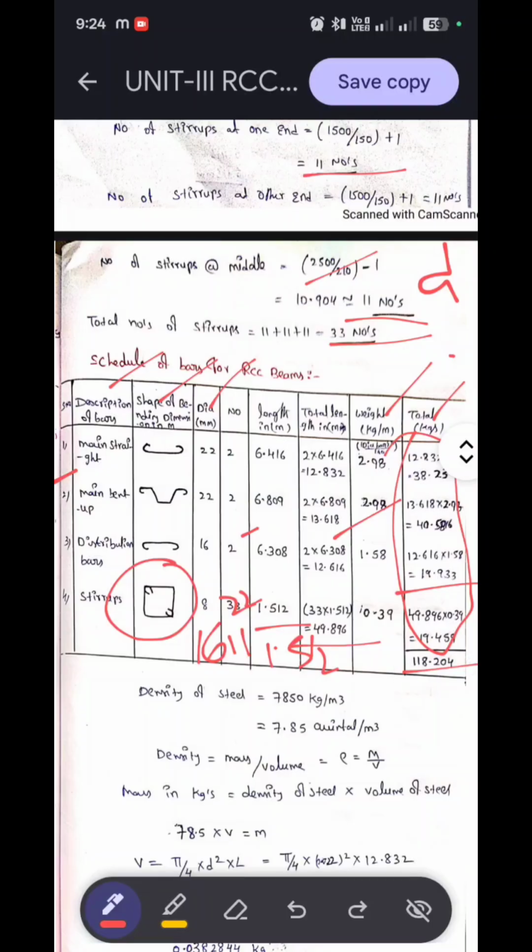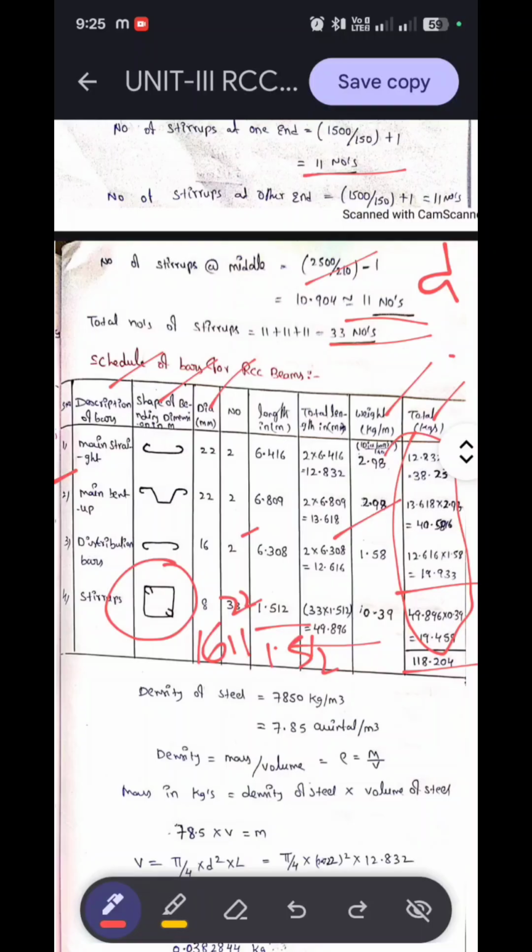So in this problem 3 different dias were there: 22 mm dia, 16 mm dia and 8 mm dia. So all dias are added separately. For 22 mm dia, 38.25 plus 40.86, the total weight is 78.98. Okay.